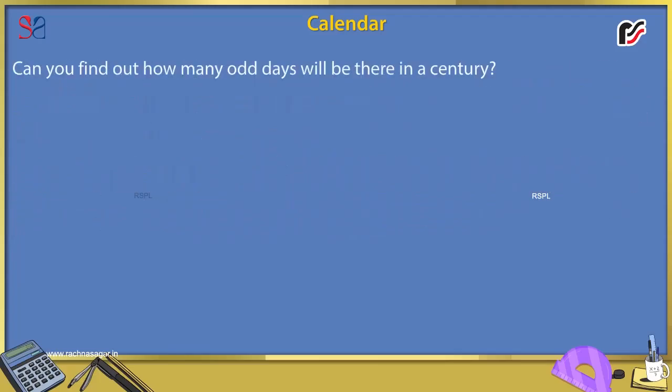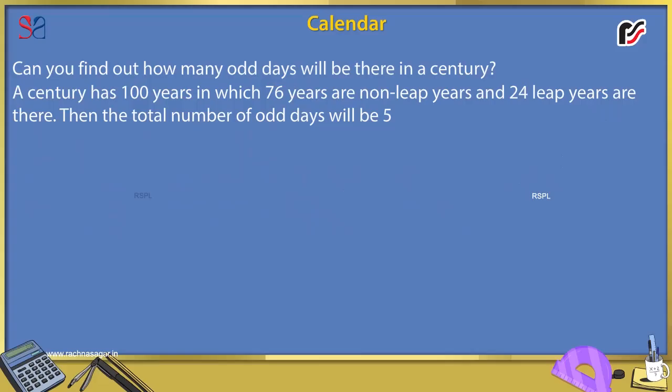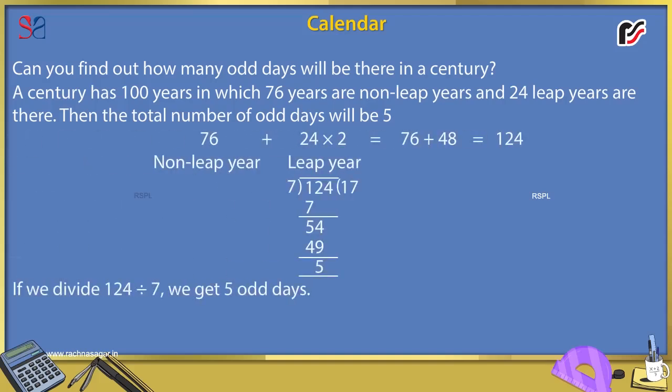Can you find out how many odd days there will be in a century? A century has 100 years, in which 76 years are non-leap years and 24 are leap years. Then the total number of odd days will be 5. If we divide 124 by 7, we get 5 odd days.